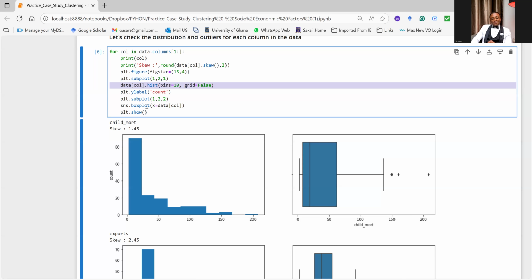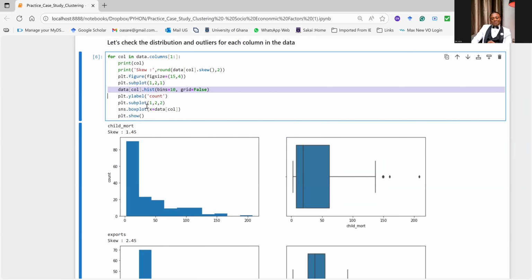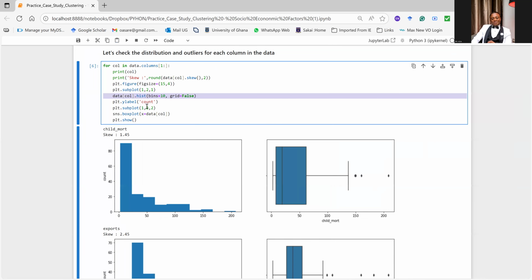And we're going to feel the data right now. So, for example, let's take the child mortality. You see that the skewness is 1.5. Then look on the far right. What are those dots you see there? Samuel.